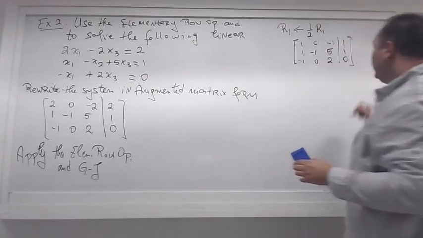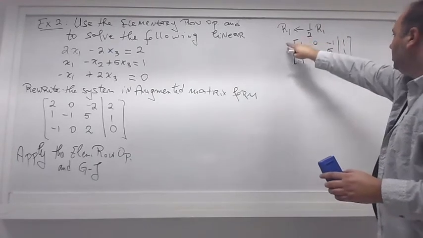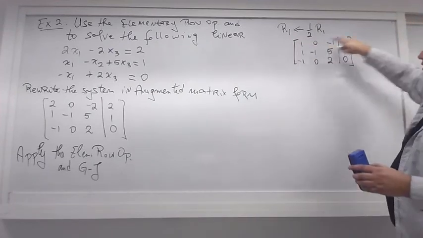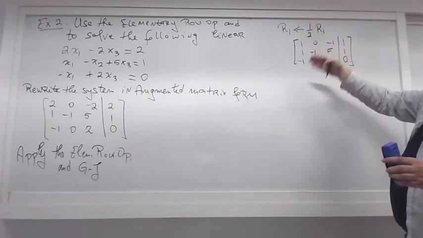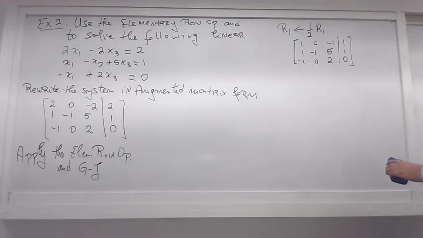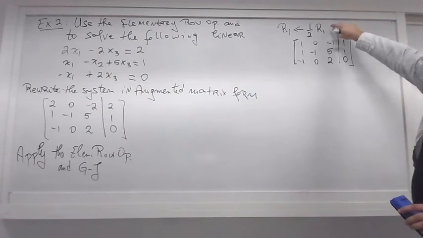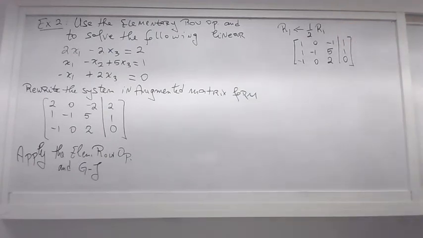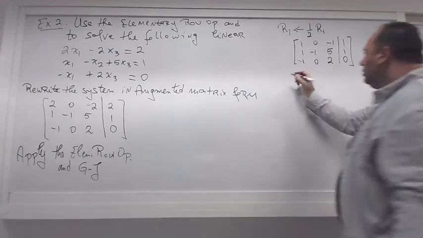And you notice that since I'm working now on row 1, until I finish, I cannot use row 1 until the next step. So I need to write clean and proper my entire matrix. So now this matrix reflects this operation. Now I want to get rid of this guy and this guy. So what do I do?